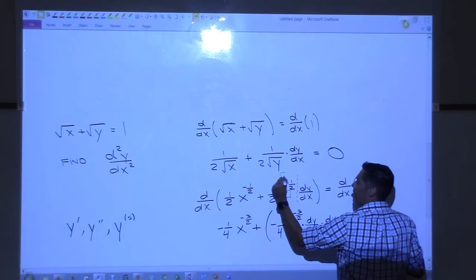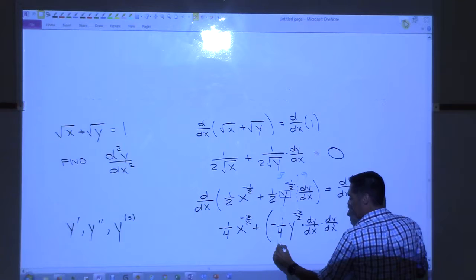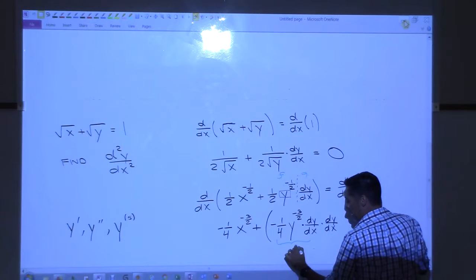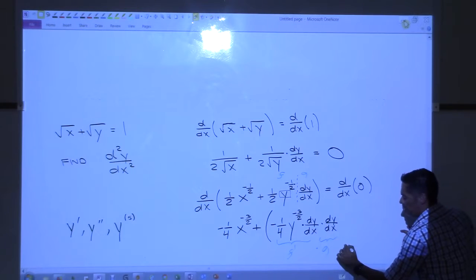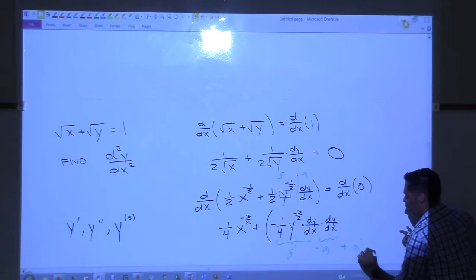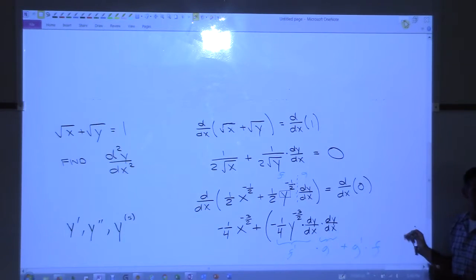So if this is f and this is g, this right here is f prime and this right here is g. And now I'm going to continue with the product rule, g prime times f. Right, that's what I'm doing. Wait, Elijah? What's this part?